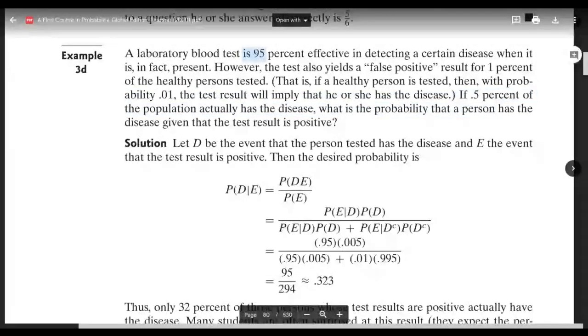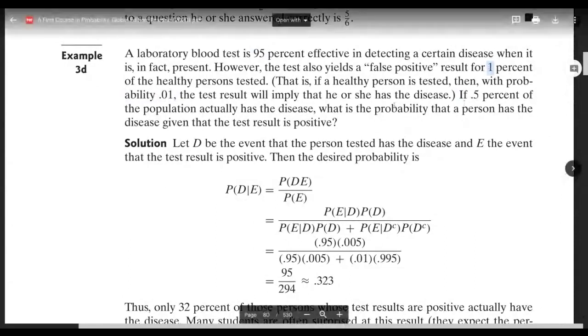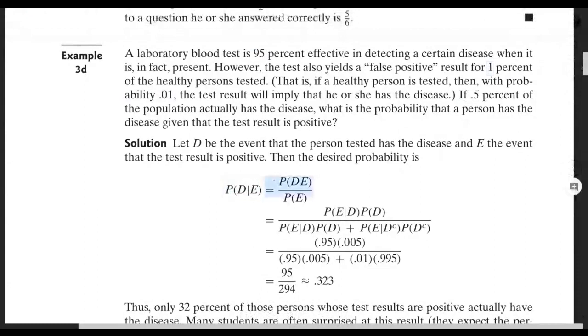What does 95 represent in terms of events? What does 0.01 represent? What does 0.5 represent? And what does 1% represent? Once you are able to decode these numbers and write them in probability notation, the rest is just using the formula.